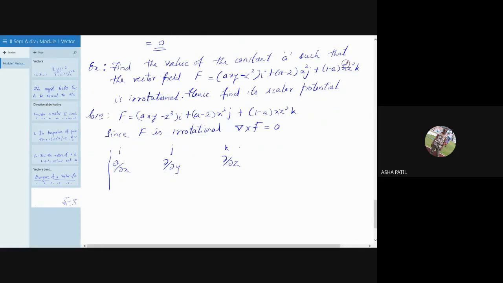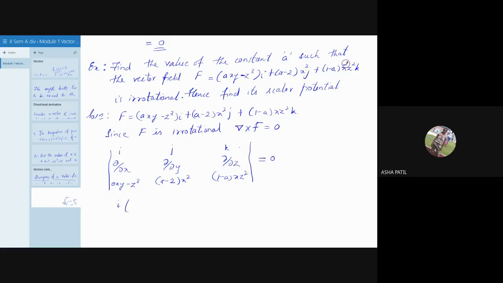The i component of the vector F is axy minus z cube, the j component is a minus 2 into x square, and the k component is 1 minus a into x z square. Since it is irrotational, the value of the determinant must be equal to 0.